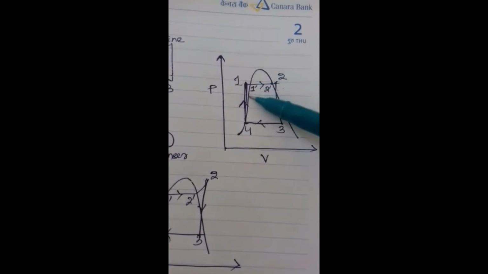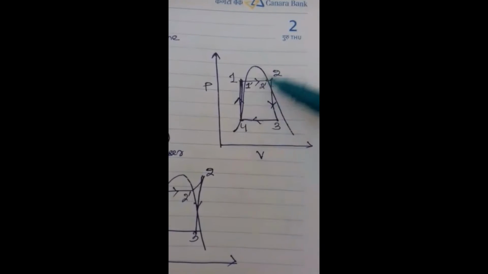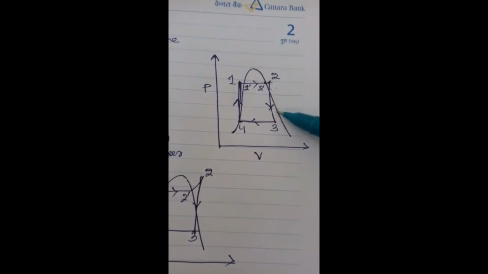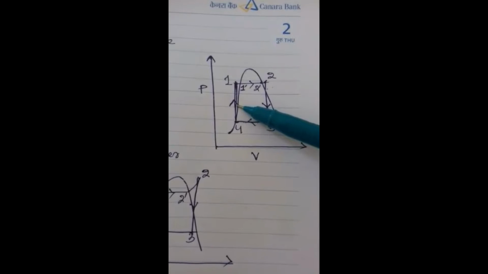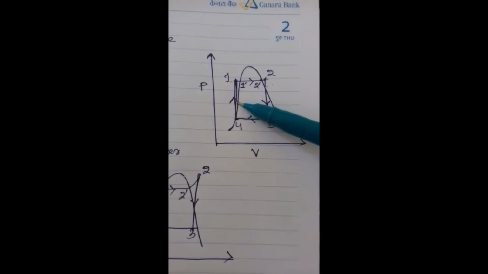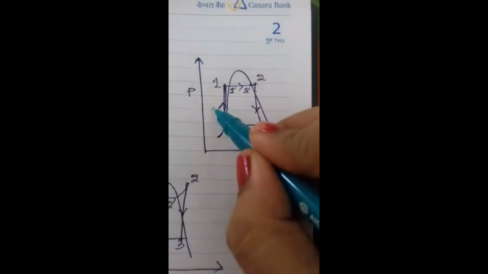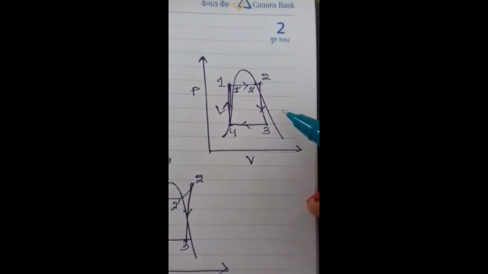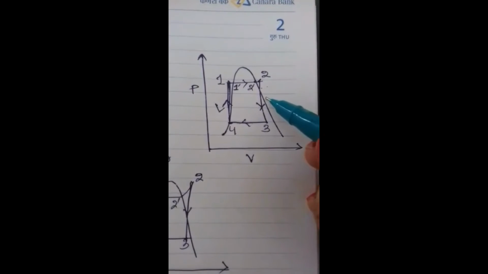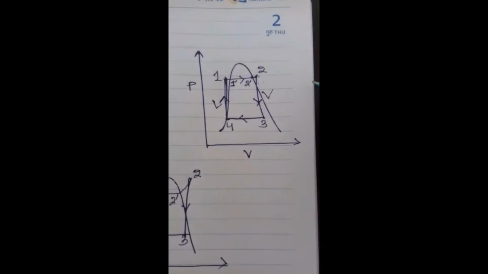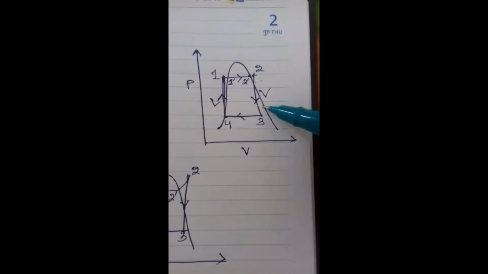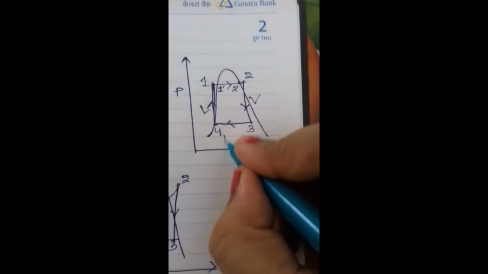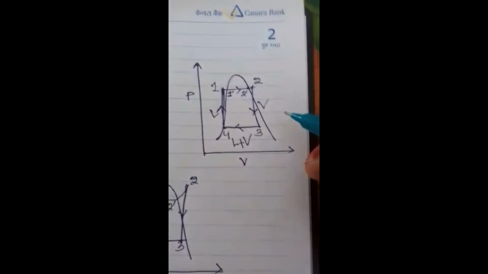This line shows the saturated liquid line, and this line shows the saturated vapor line. The left side of the saturated liquid line is the purely liquid state, and the right side of the saturated vapor line shows the pure vapor state or superheated vapor. Between the saturated liquid and saturated vapor lines, it is the liquid plus vapor state.